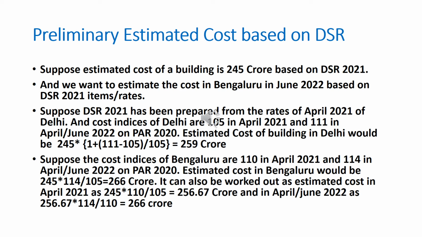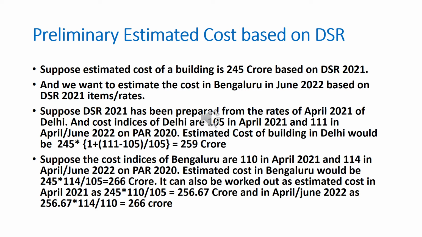That percentage is the increase in the rates of DSR in June or April 2022, so you are to add it, and that's why 1 plus this percentage, multiplied by the cost worked out from the DSR 2021. So 259 crore would be the cost in June 2022.